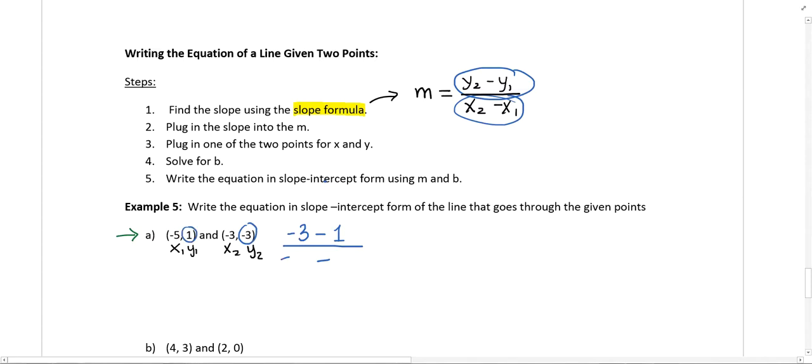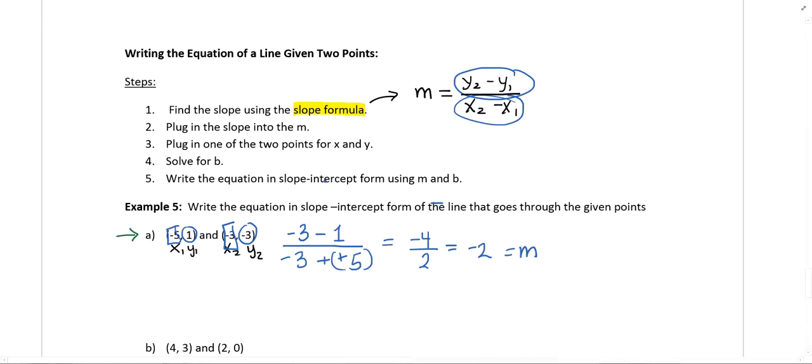And then the x2 would be negative 3 minus 5. So that's negative 3 minus 5. So that gives me on the top negative 4, and on the bottom my negatives are going to cancel, and I'm going to get 2. I'm going to get negative 3 plus 5, which is 2. So my slope is negative 2. So that's m.